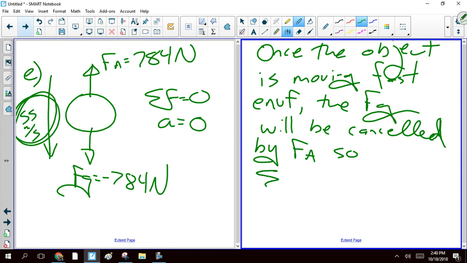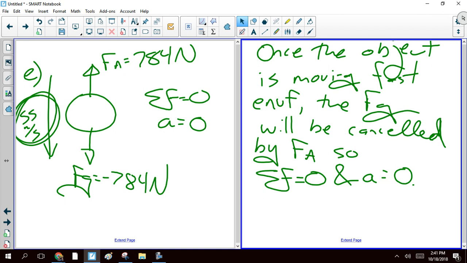So your net force is 0 and acceleration is 0.